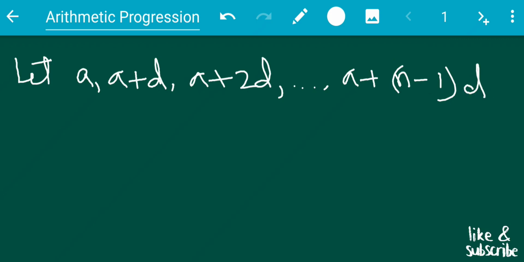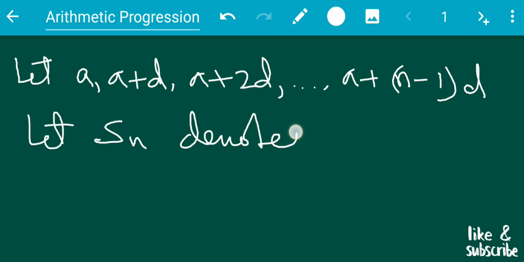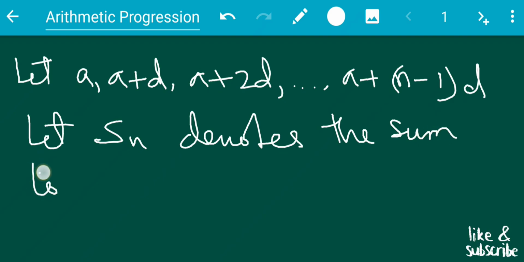Okay, so let Sn denote this sum to n terms.